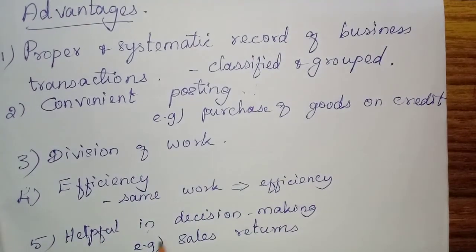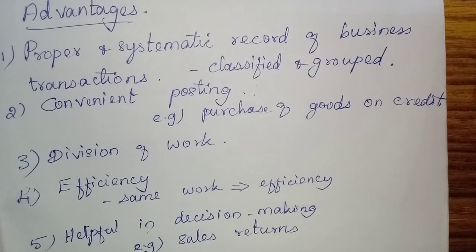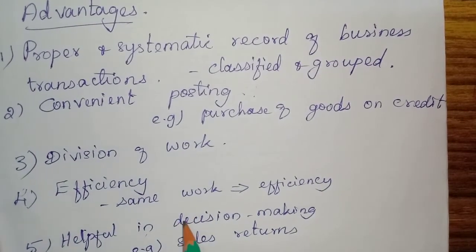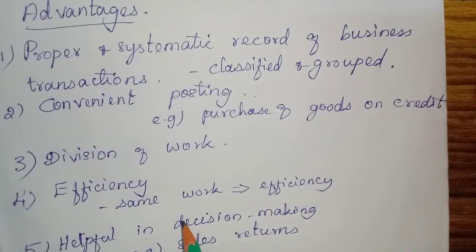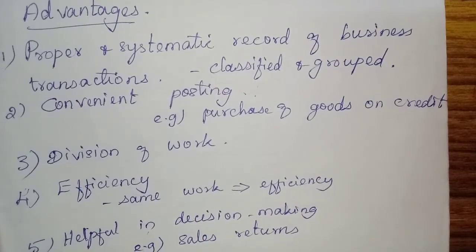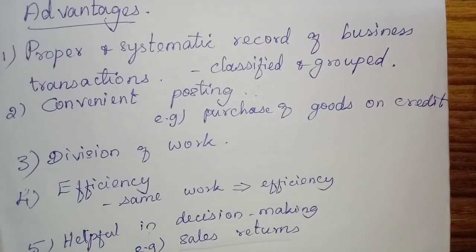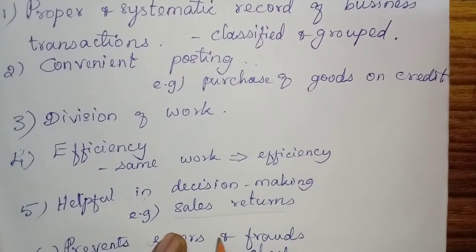Then it is helpful in decision making. Because we enter each one under one head, we can easily find out. For example, sales returns. Sales returns should not be more, isn't it?